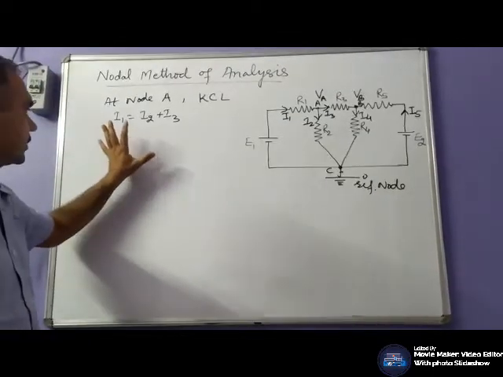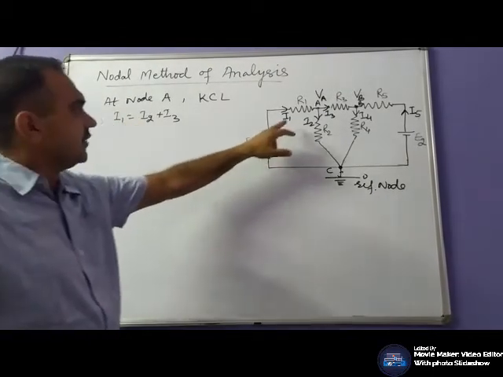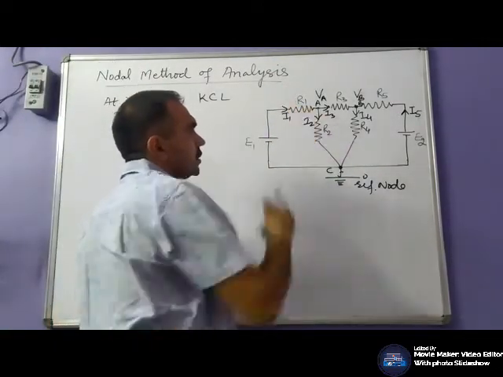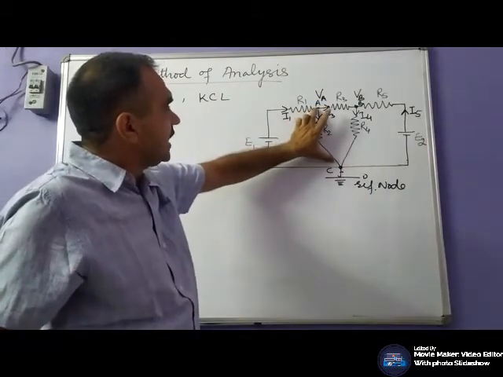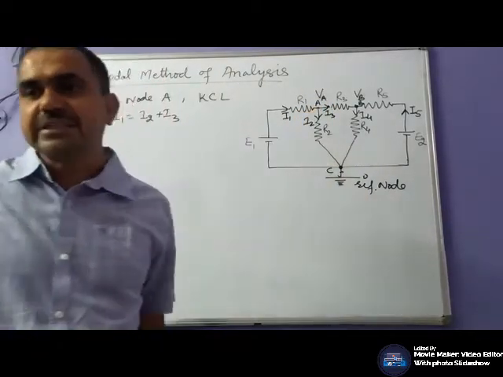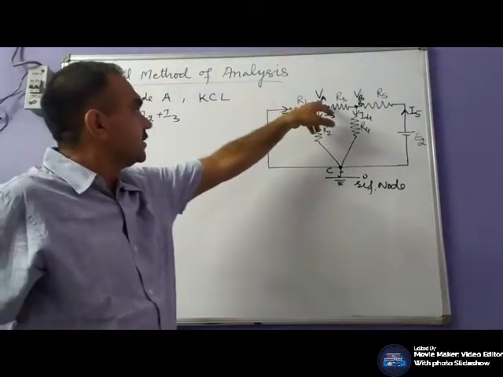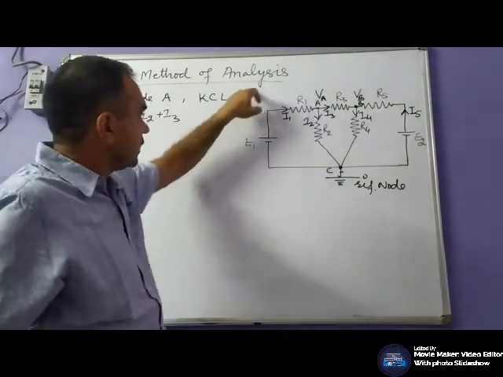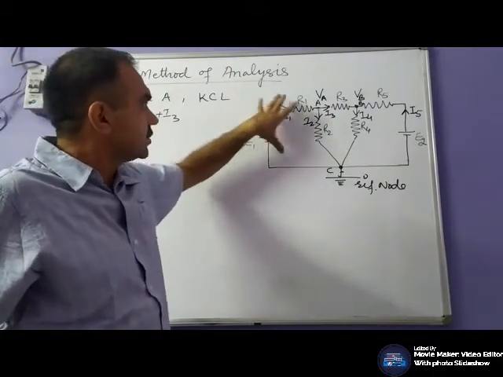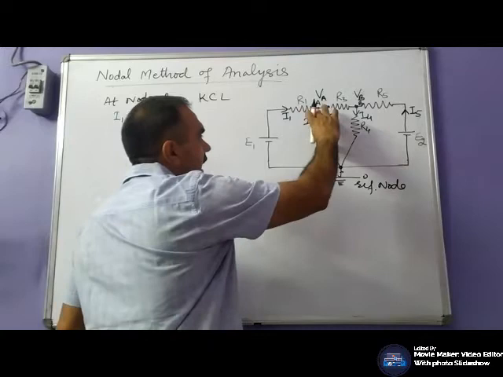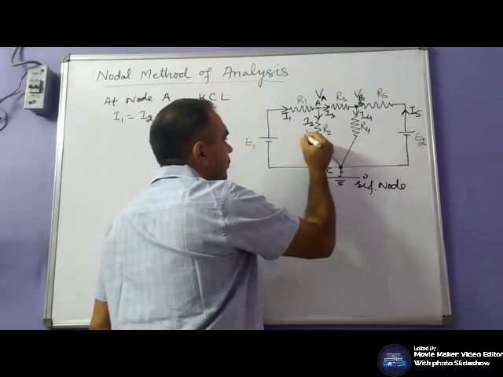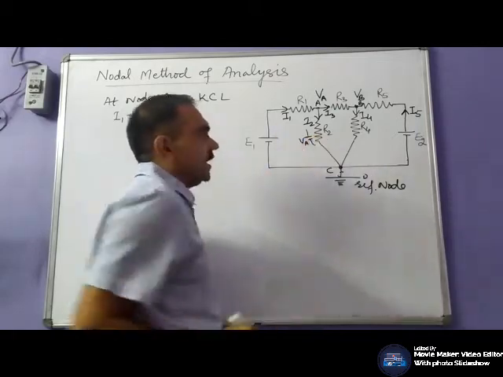Now, what is I1? Take this loop. What is the potential between points A and C? The potential is VA. So this branch can be represented by a potential VA.